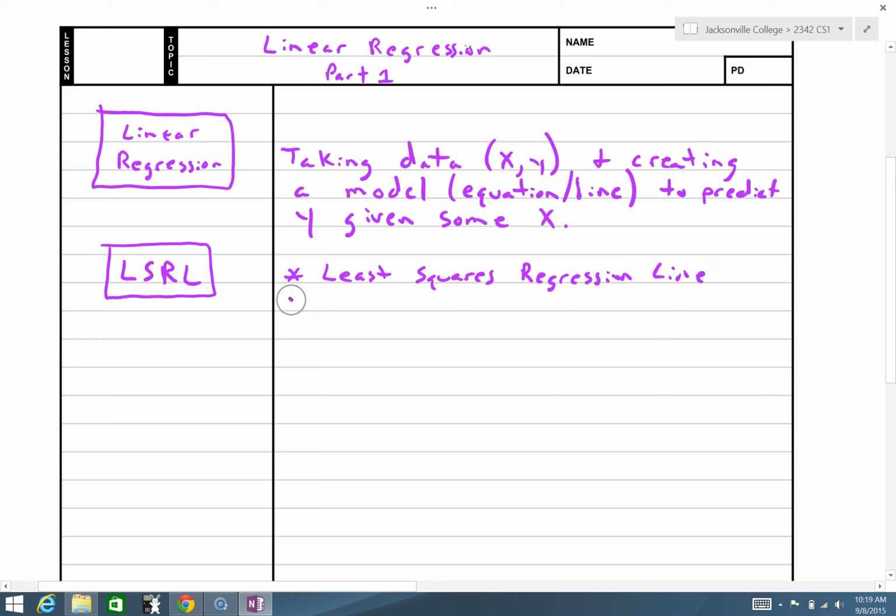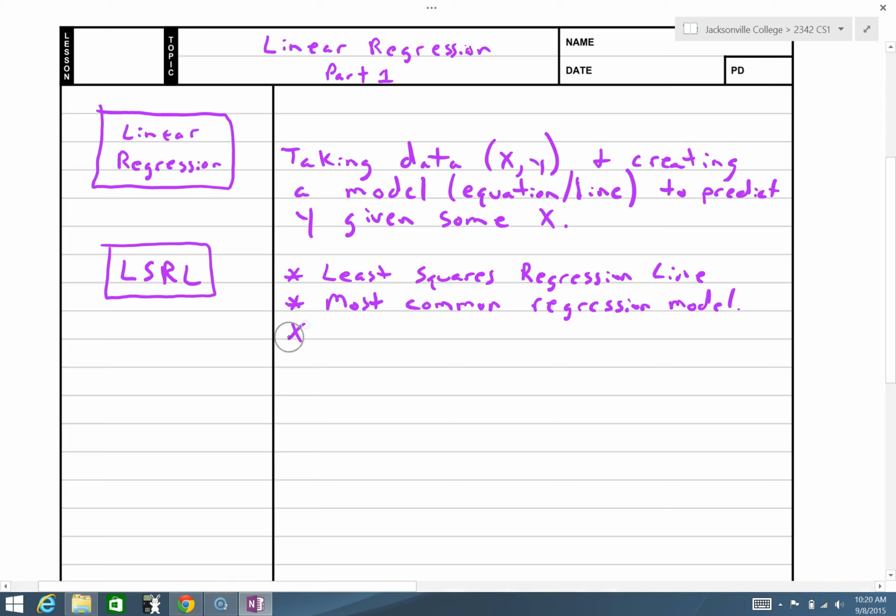This is the most common regression model. And as the name indicates, the function of this line will be to make the squared errors, the differences between the points and the line, as little as possible.